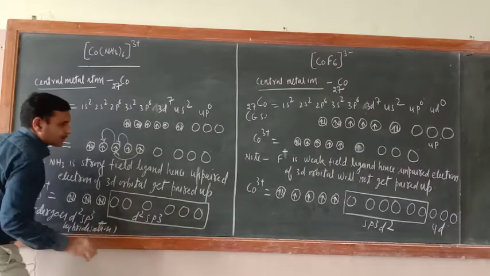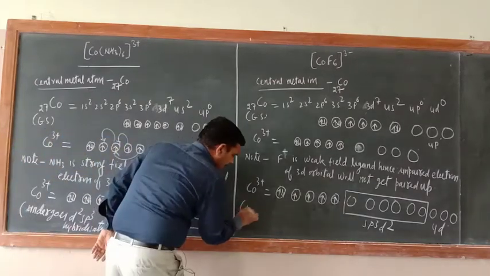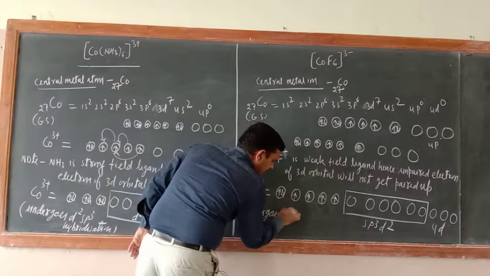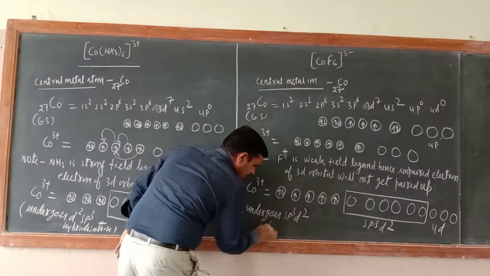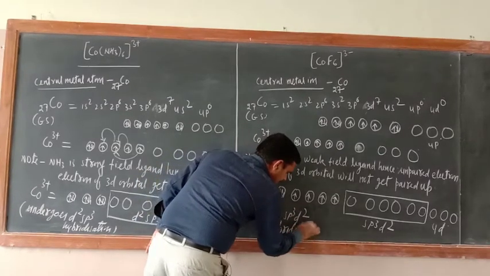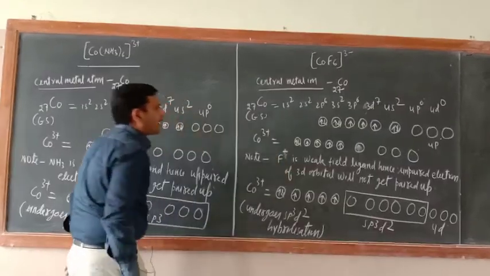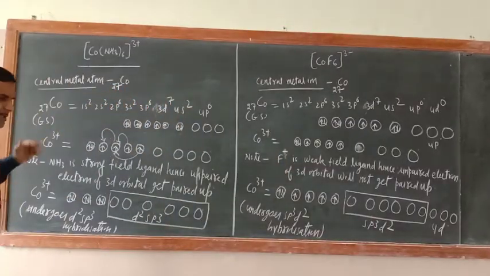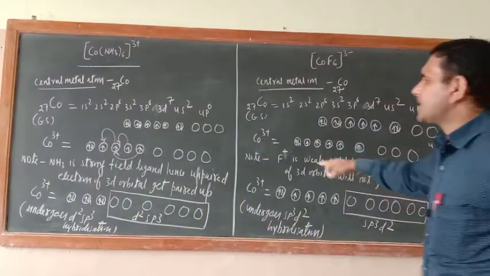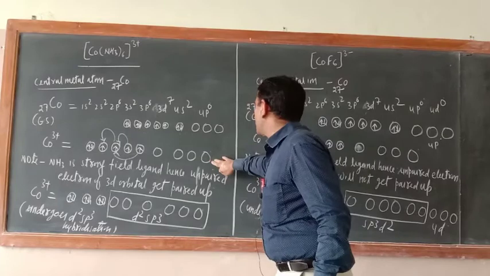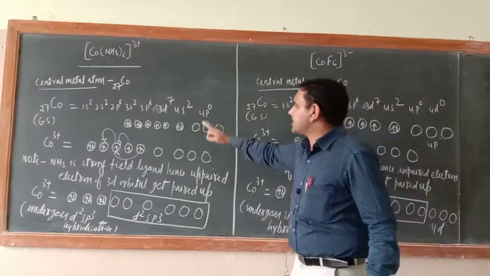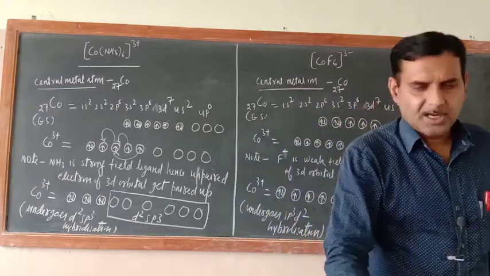Here you will write that the second undergoes sp3d2 hybridization. Okay, now just see. In the upper side, I will delete up to here in both cases, so that the remaining steps can be completed at a time.